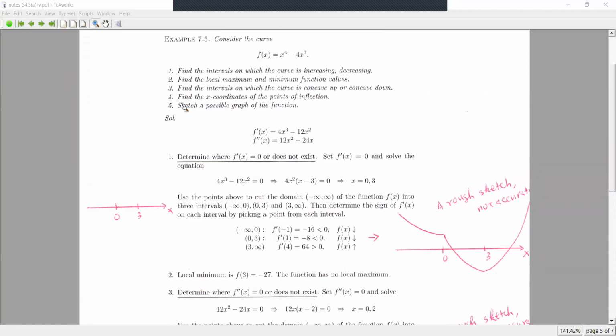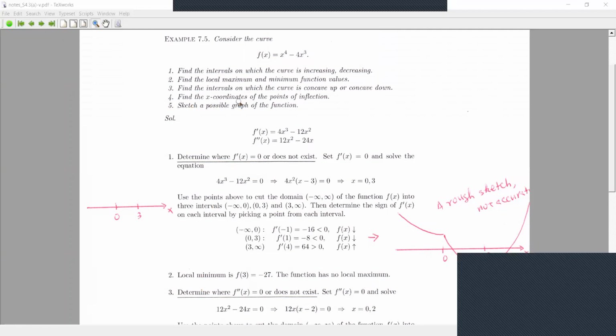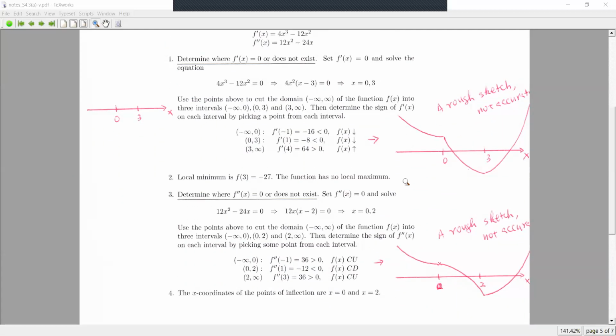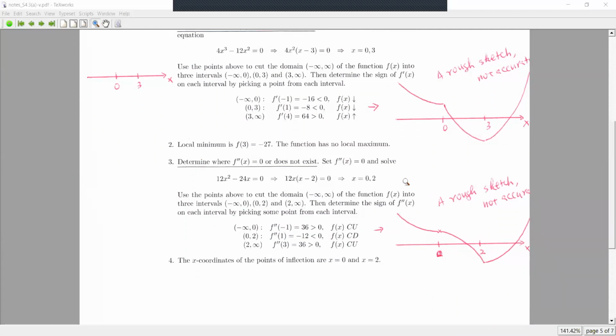Question 4. Find the x coordinates of the points of inflection. Recall that a point of inflection is a point on the graph where the graph changes concavity. At 0, the graph changes from concave up to concave down. So this point is a point of inflection.